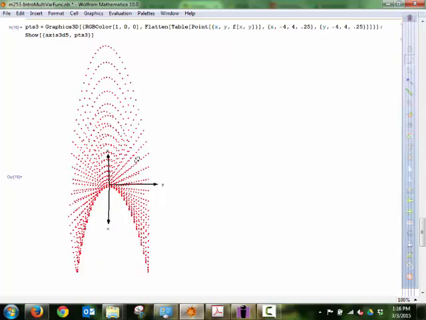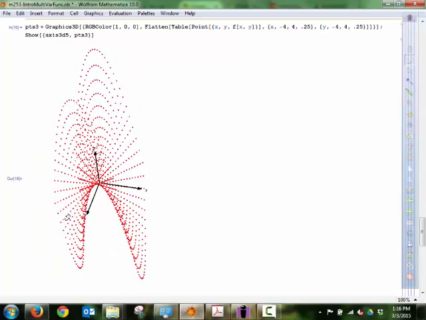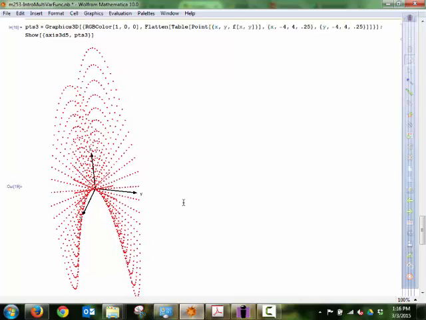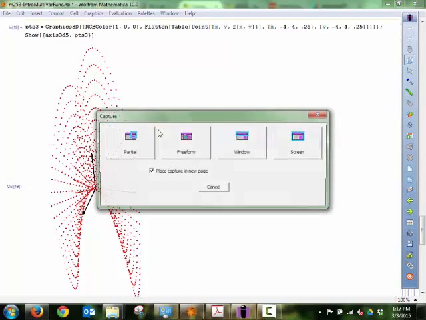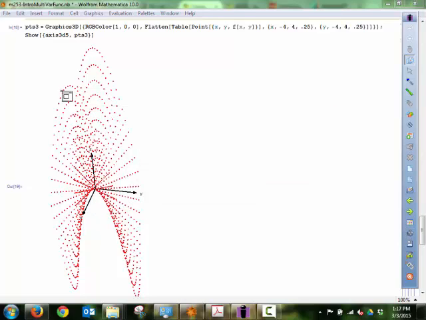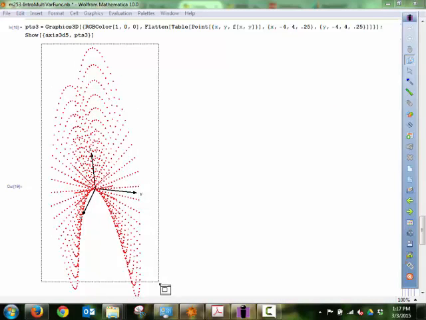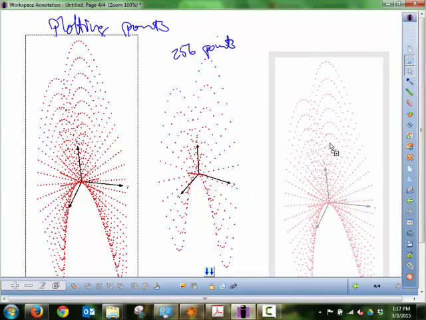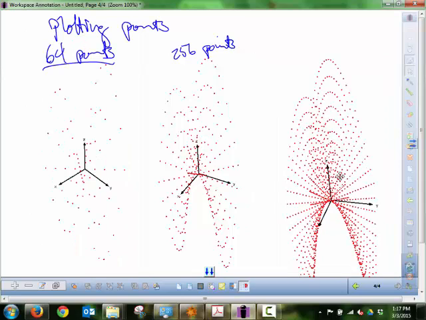But now we get to see how it really looks, right?